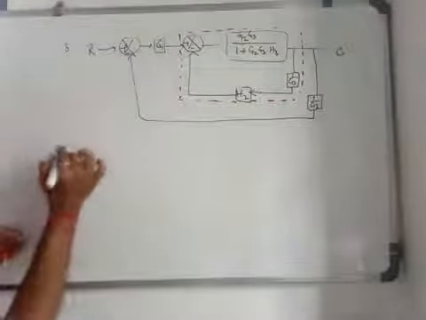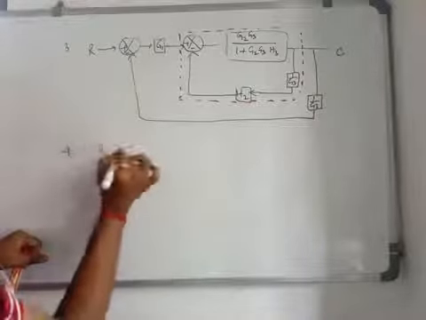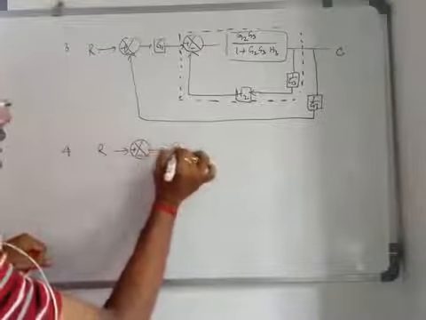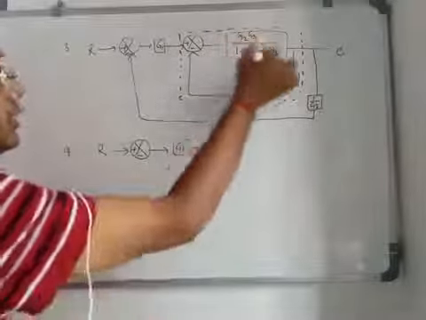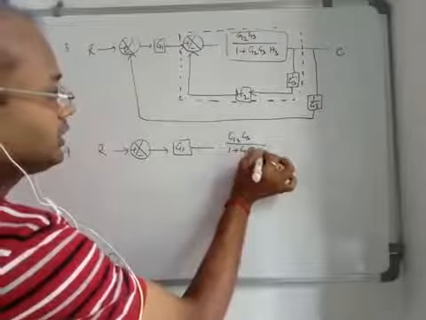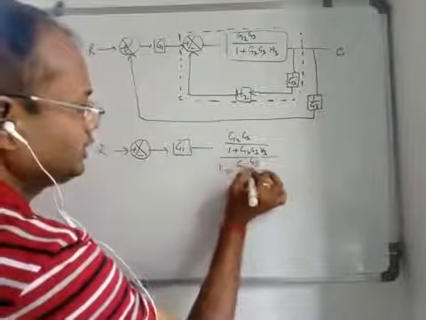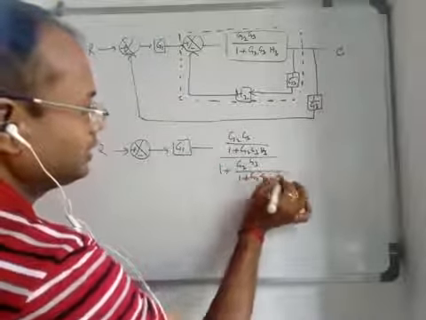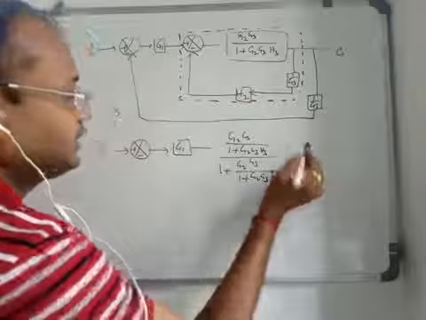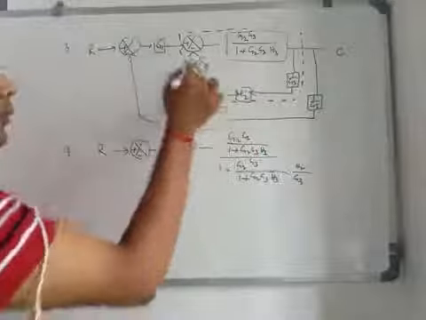So in the fourth step we can write R, this is your plus minus, this is your G1, and this is your forward path gain, G2 G3 by 1 plus G2 G3 H3, divided by 1 plus G2 G3 by 1 plus G2 G3 H3 into H2 by G3, right? This H2 into 1 by G3, they are series connected, and this whole is in the feedback path.